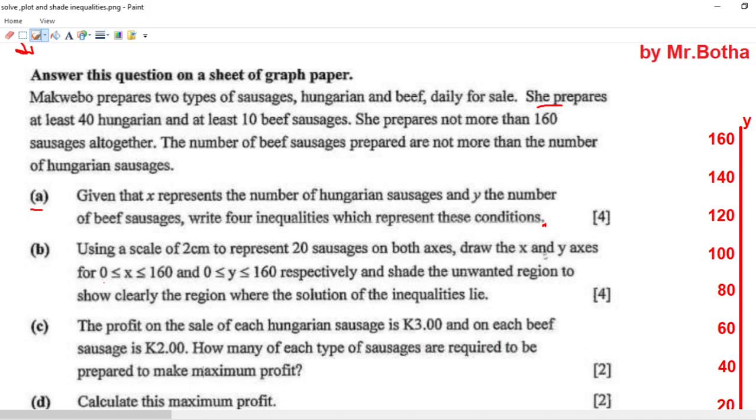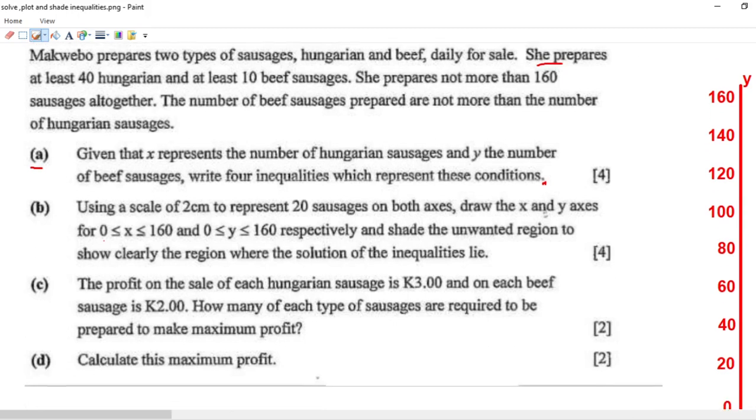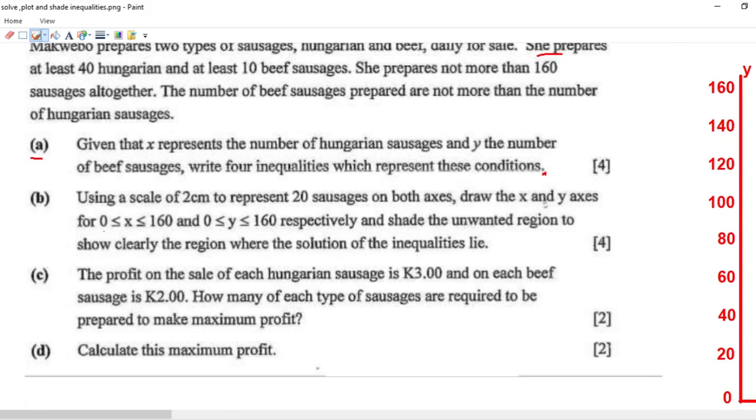It's very interesting, something that you can use when you are doing any business. You can use this concept and it can help you do better in your business. That's why mathematics is good. And finally, question D, we are going to calculate the maximum profit that we can get.